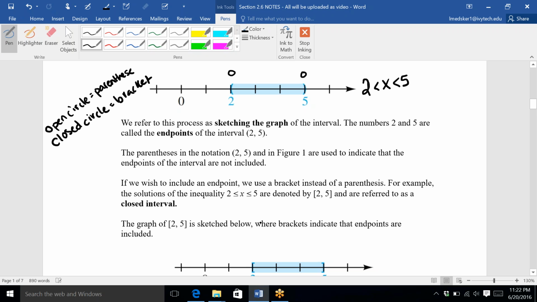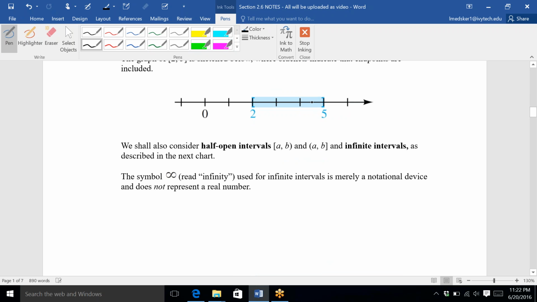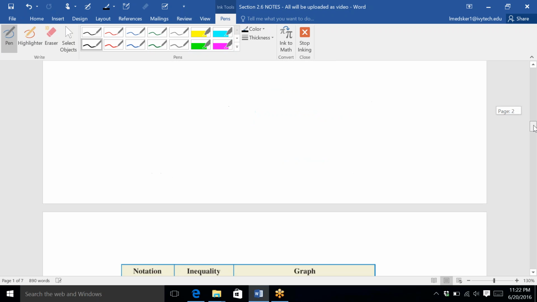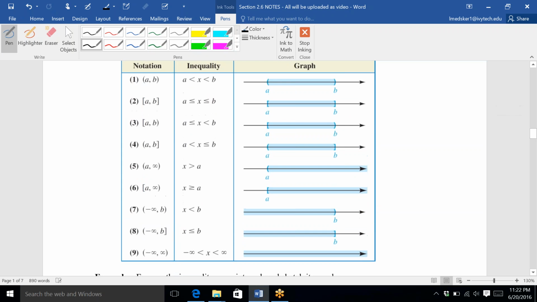And I did write that somewhere else down here. You'll see that in just a second. If you have an equal to bar, this is the same graph, except we're using brackets on the end to say that 2 and 5 are included. This is a chart that has a lot of pictures of how graphs relate to the inequality and the interval notation.